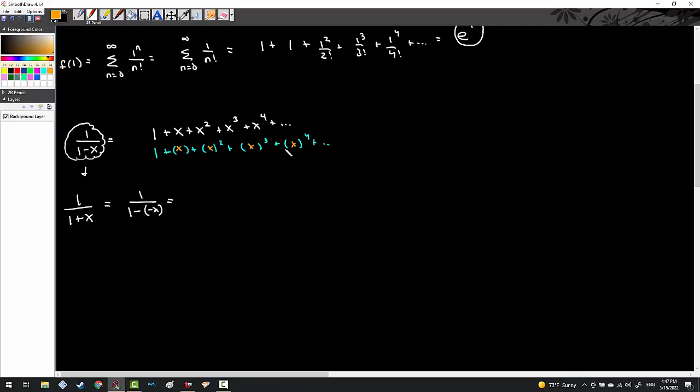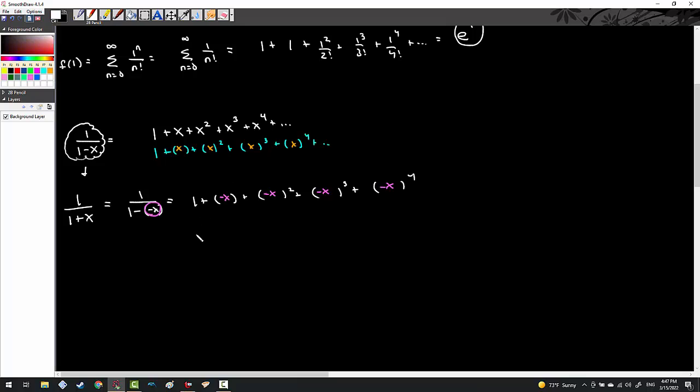Well, this one would behave no differently because it's still really 1 over 1 minus a thing. So that would be 1 plus a thing plus thing squared, thing cubed, and thing to the 4th. This time, though, what is filling the role of the thing? The thing is going to be the negative x right here. So this is negative x all the way through.